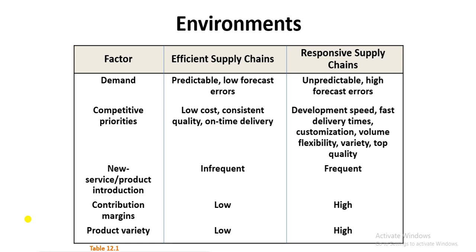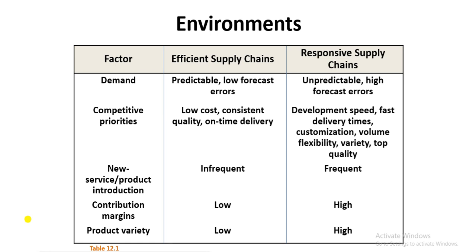The second last point is the contribution margins. In the efficient supply chains, you are focusing on low cost operations whereby your contribution margin would be low. Contribution margin is actually the difference between the selling price minus the variable cost or the variable expenses.